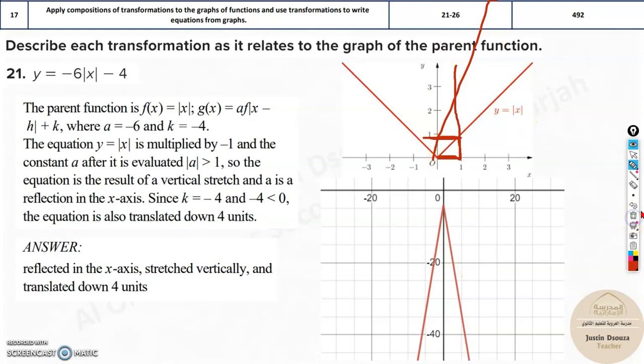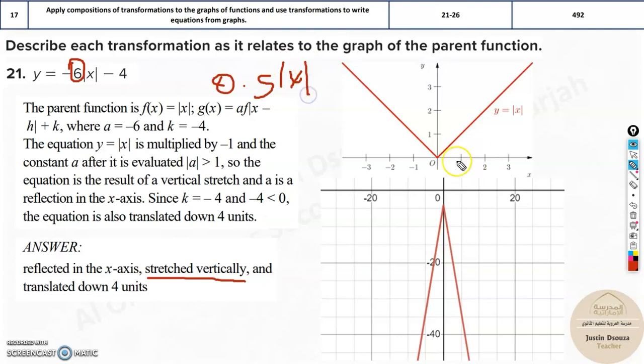Vertically stretched means you have a value over here more than 1. If it is less than 1 but greater than 0, then it will be compressed. So if it was, say, 0.5 times the absolute value of x, then it will be compressed like this.